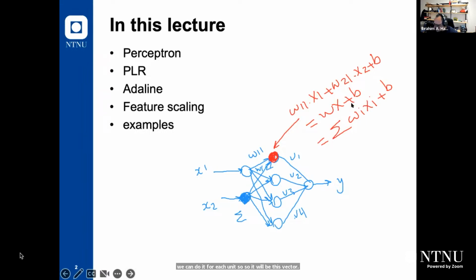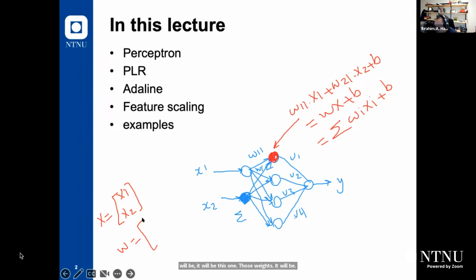But if you want to make it more compact, we can use matrix multiplication. I can go for the 4 units, and define the input as a vector x1 and x2, which I just call x. The weights in this case should be omega transpose x.